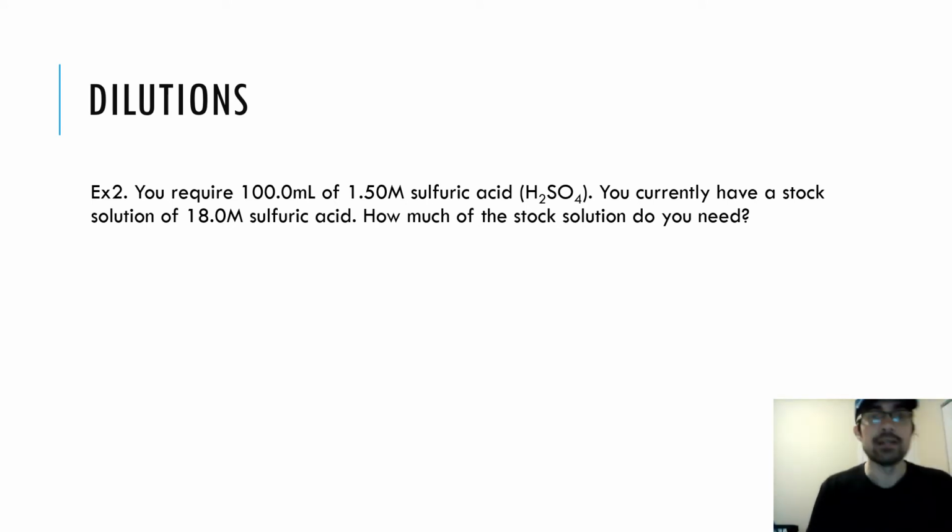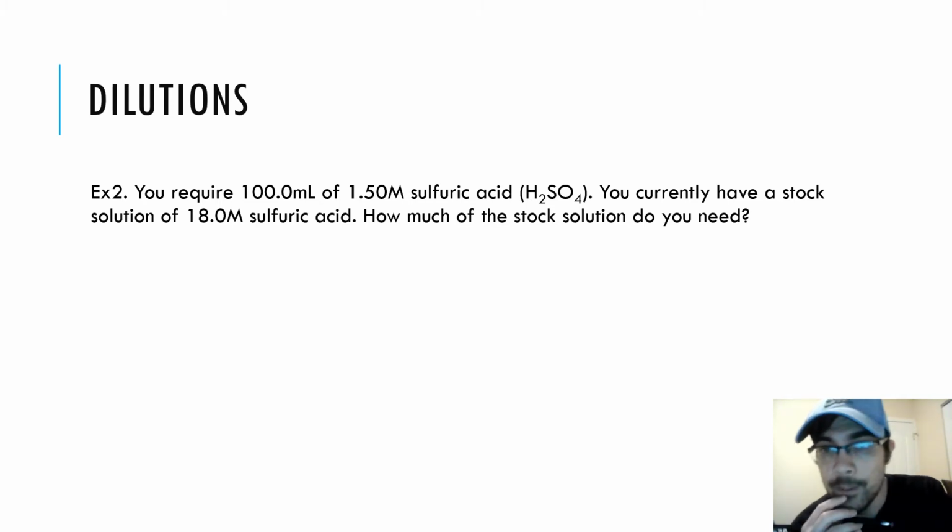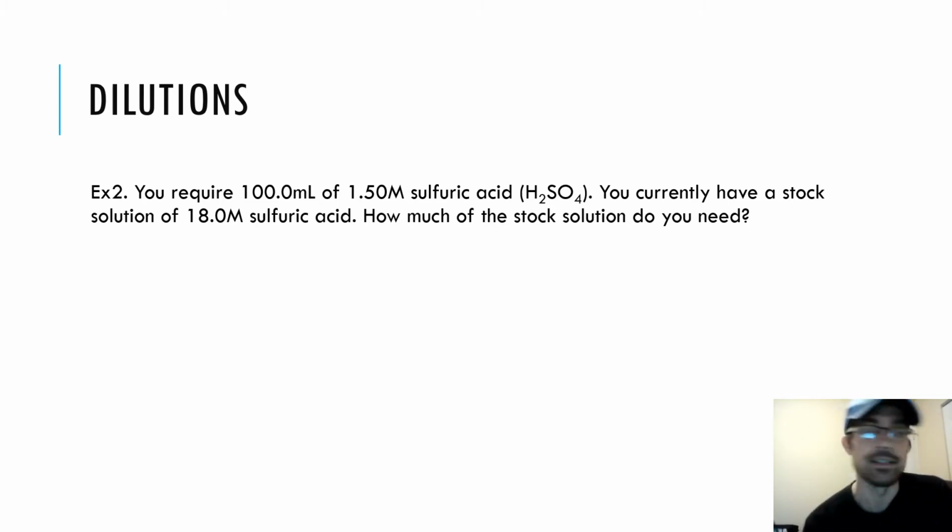Okay, so the first example I'd already done in the notes, so I'm going to go ahead to the second one here, and in this case we actually require 100 milliliters of a 1.50 molar sulfuric acid solution. We have a stock solution that starts at 18.0 molarity of the sulfuric acid. How much of the stock solution do we need? So right now we are starting with V2.